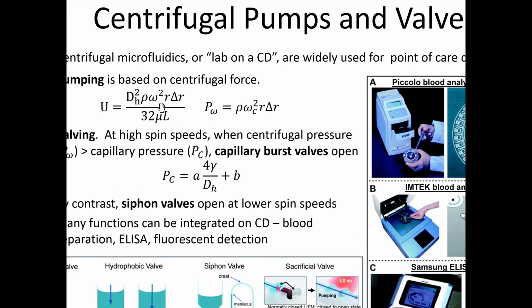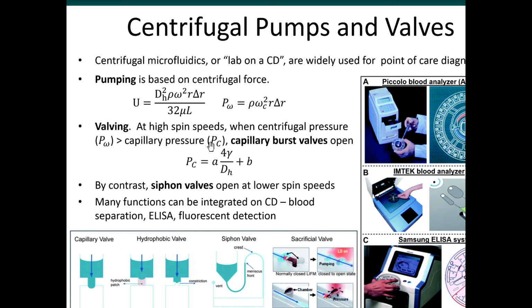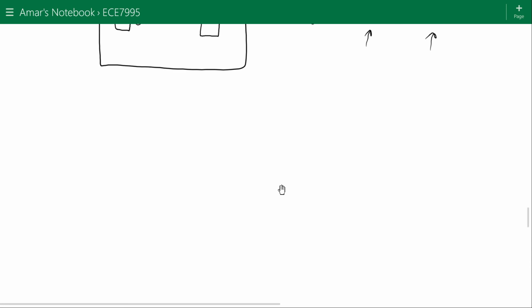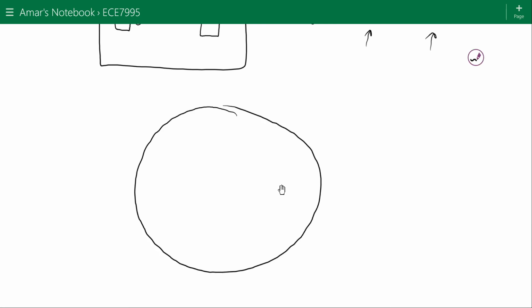So the velocity, let's say you were to have a plug of fluid, and your disk looks like this, and you have a channel that's going from inside to outside, and you have a plug of liquid in here. Say this is the inlet, and this is the outlet, and this is the center.